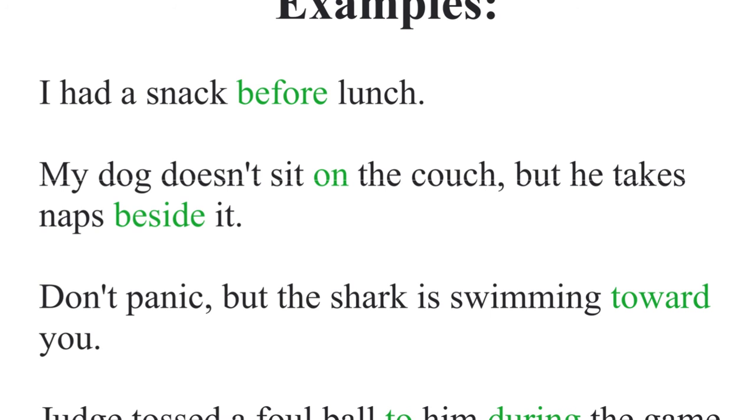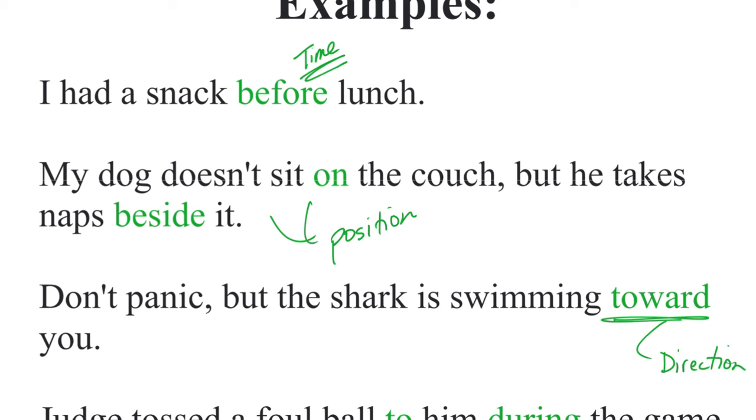Let's look at some examples. I had a snack before lunch. So this one has to do with time. My dog doesn't sit on the couch, but he takes naps beside it. These have to do with position, where the dog is located. Don't panic, but the shark is swimming toward you. Toward has to do with direction of a moving thing.